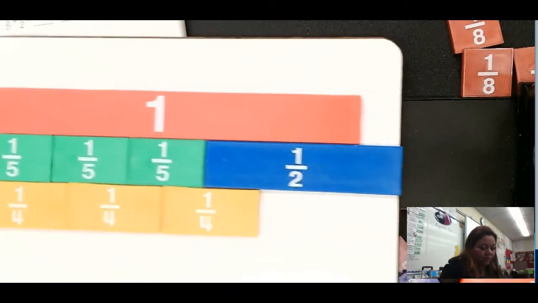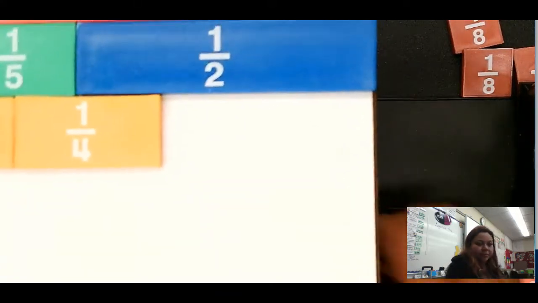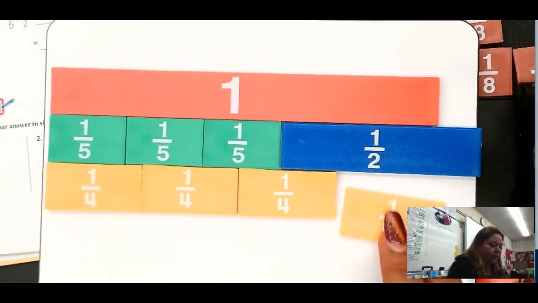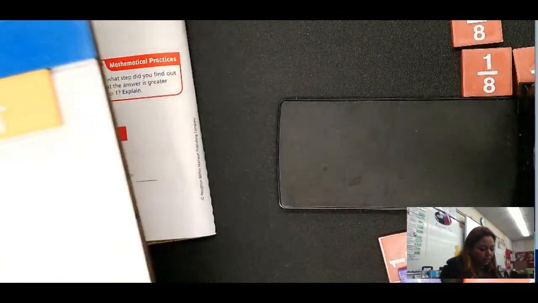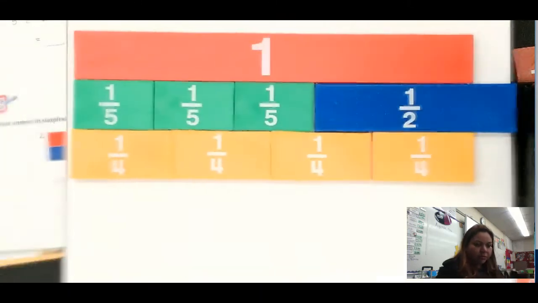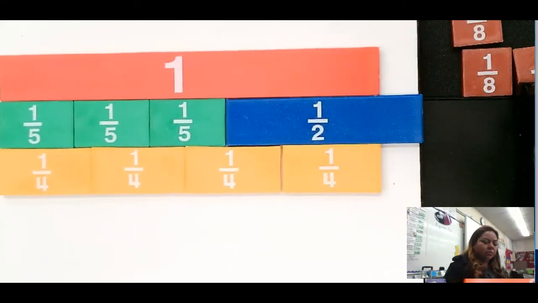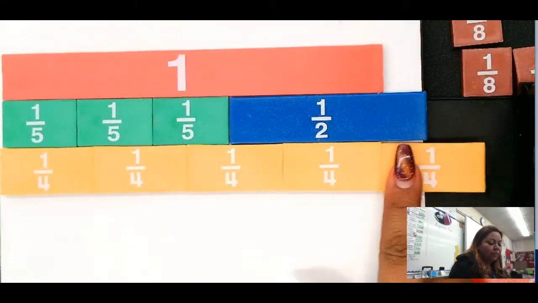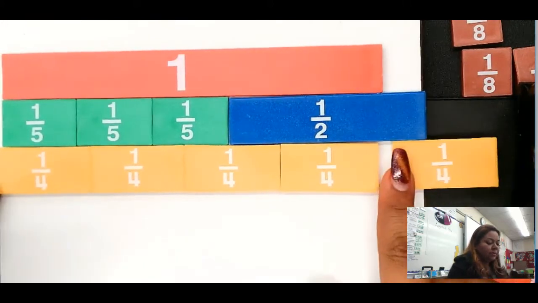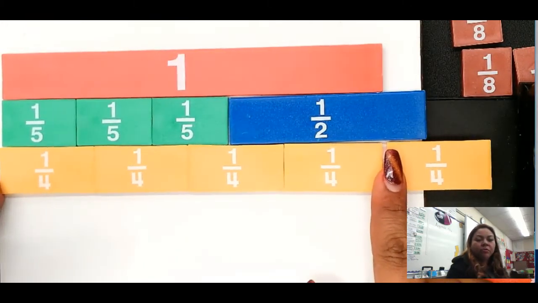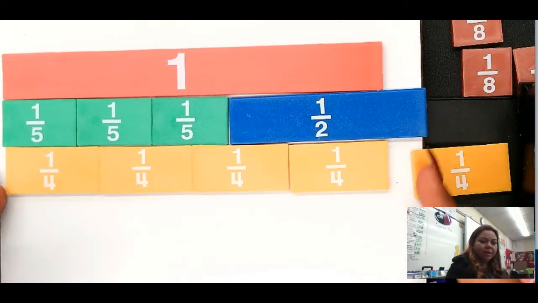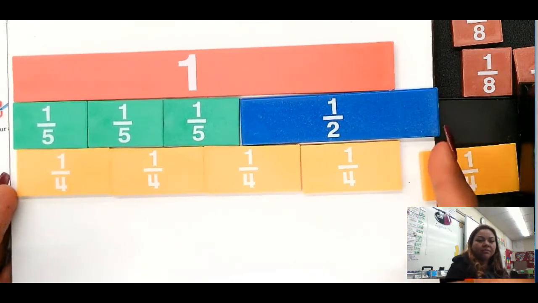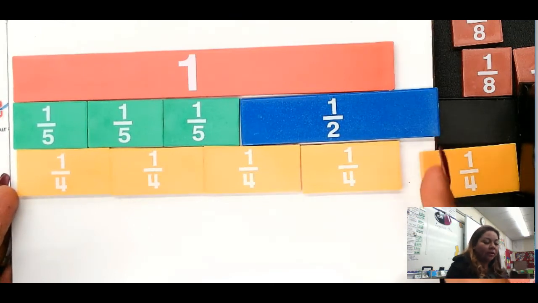Okay, I need another one. Okay, under. And I need one more. Okay, so I found another one. However, if you noticed, this one would not work because it goes over. See, my strips need to stop here, okay, so that I can accurately divide.